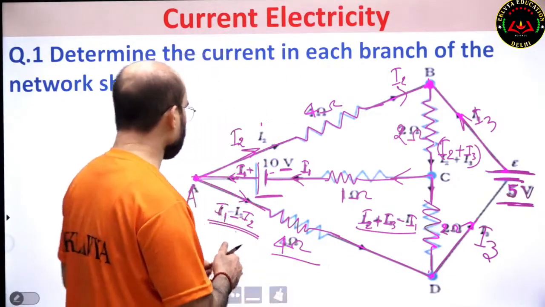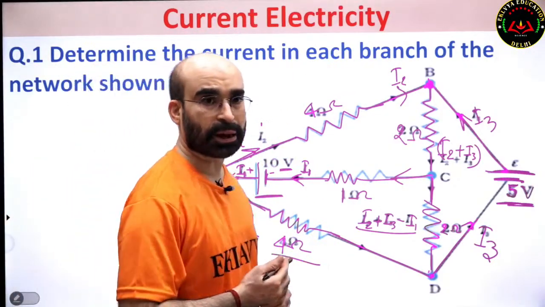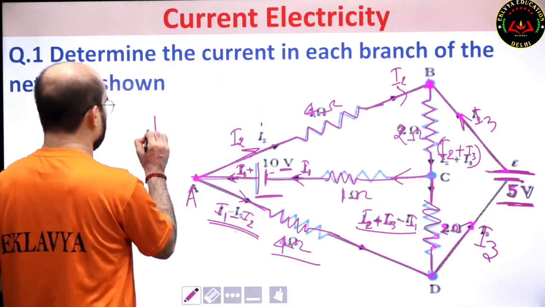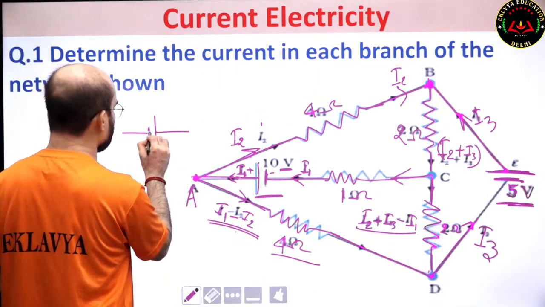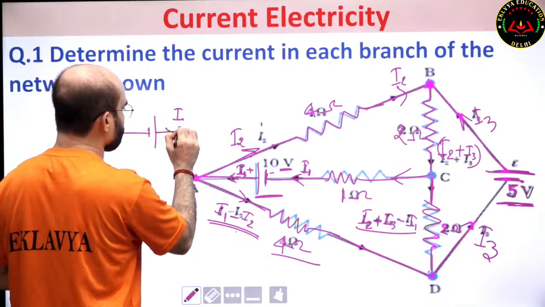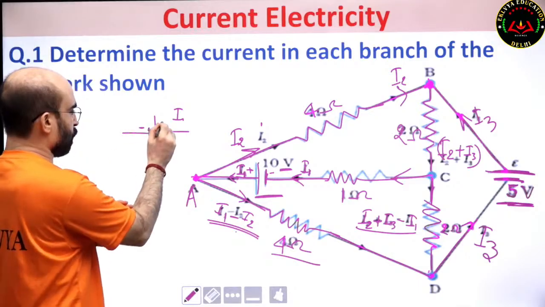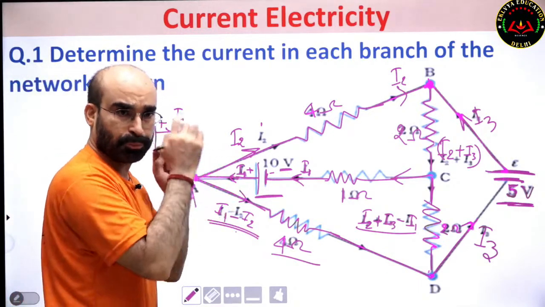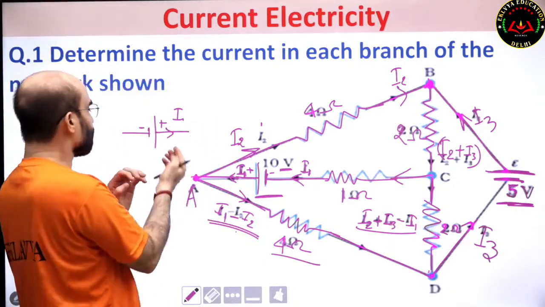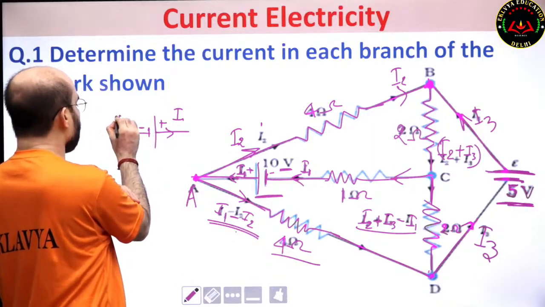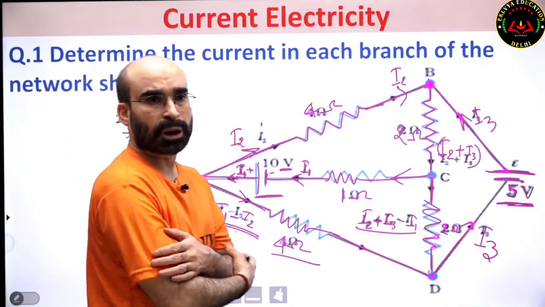Make sure that current from the cell, if it is starting from one terminal, suppose you are saying from the positive terminal I1 is leaving, that means I1 must be entering the negative terminal of the cell.